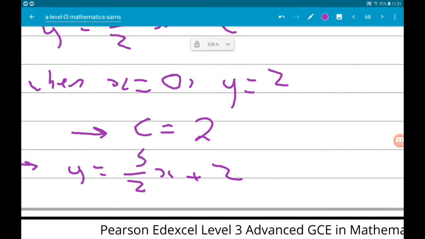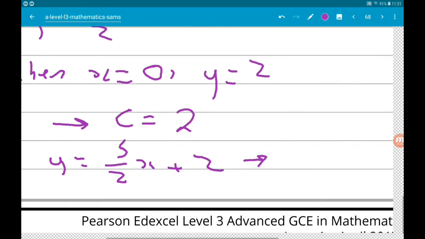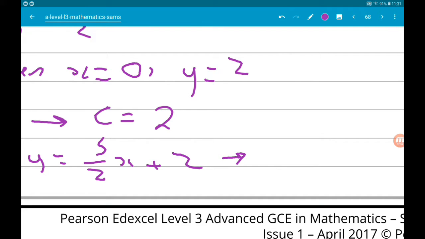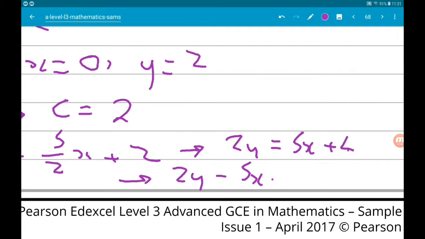So if we multiply through by 2, 2y is 5x add 4. Subtract 5x. 2y minus 5x does indeed equal 4.